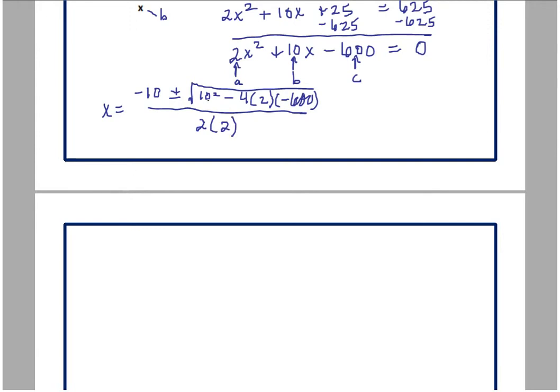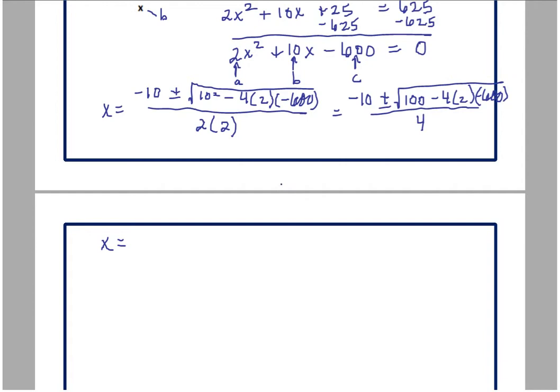Okay, let's do the 10 squared, which is 100. So let's rewrite negative 10 plus or minus the square root. 10 squared is 100 minus 4 times 2 times negative 600. All over 2 times 2, which let's just write that as 4. Okay, let's continue.